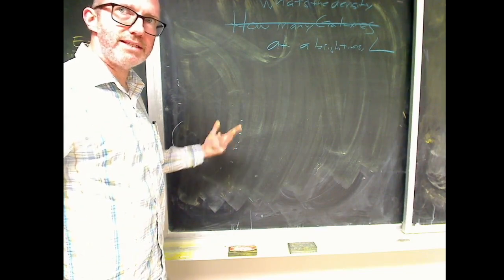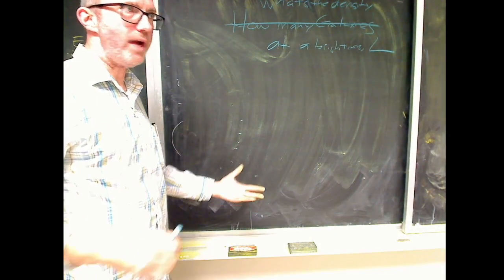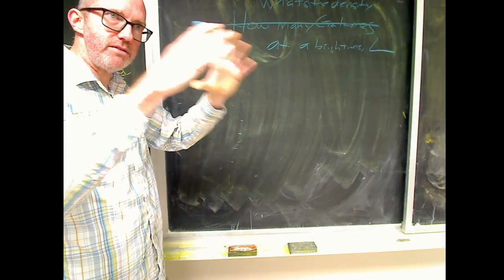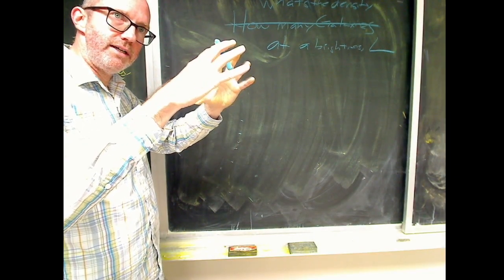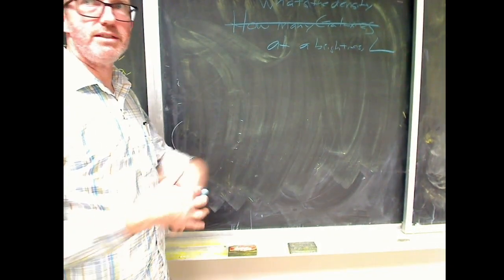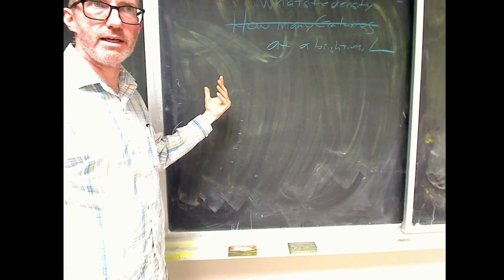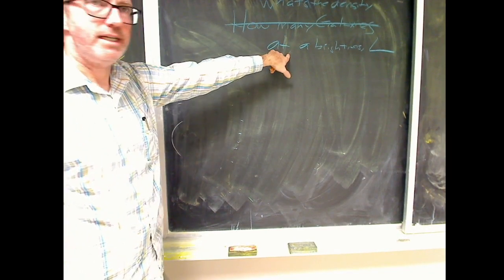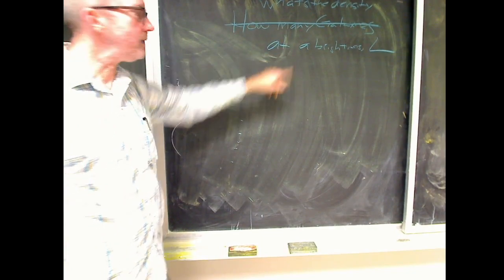Because the number of galaxies that I have is directly proportional to how big the volume is that I survey. How big is the volume that I care about? That's the thing that is going to really matter. So I have to divide by the volume. If I double my sample size, I double the galaxy count. So we're going to talk about the density as a function of brightness.